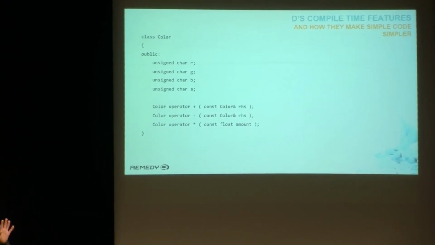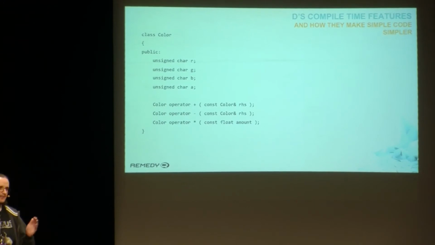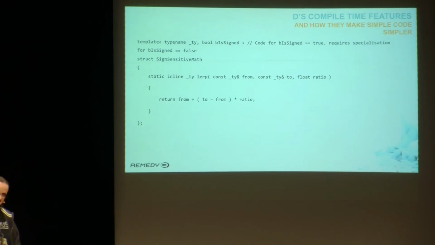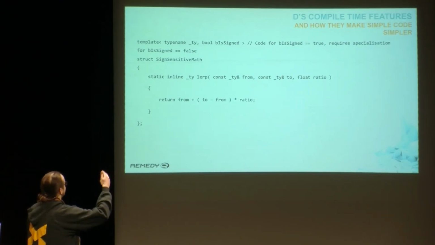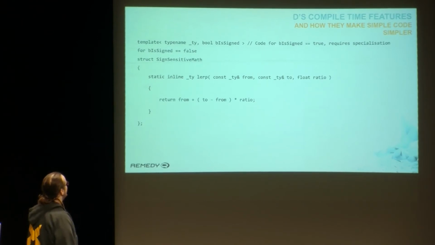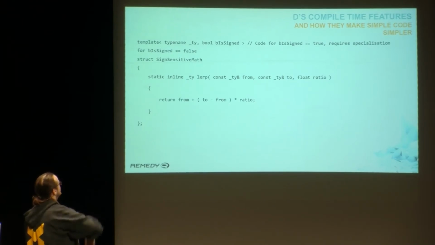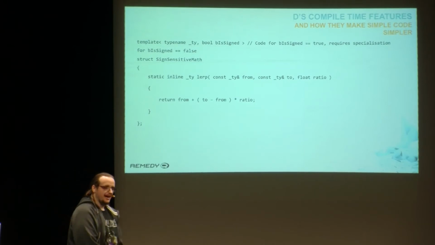Now, I wasn't particularly happy when I found that, but I thought, well, there has to be a solution here in C++ code. Maybe with a bit of template magic, I can just get in there. We get a little struct with static methods inside it that you specialize. There's a bool up there, B is signed.